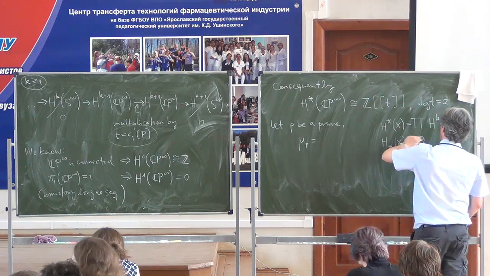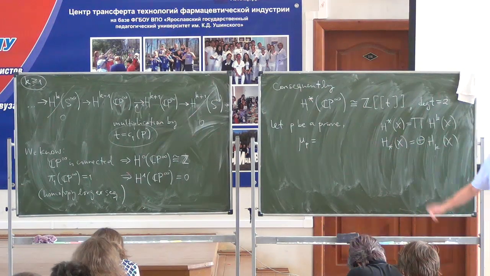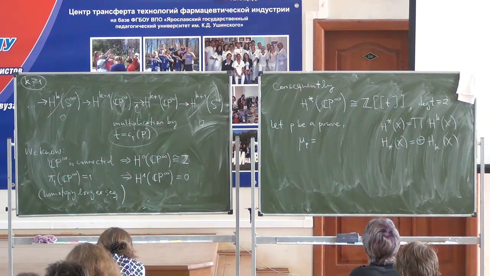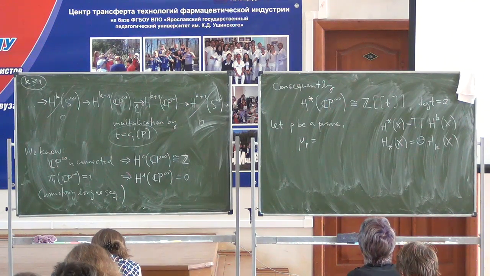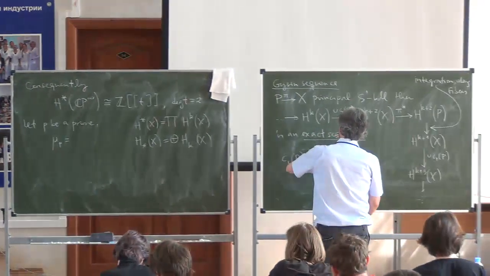And what argument, c1 is the Chern class. Well, yeah, the Euler class. How do you define it?